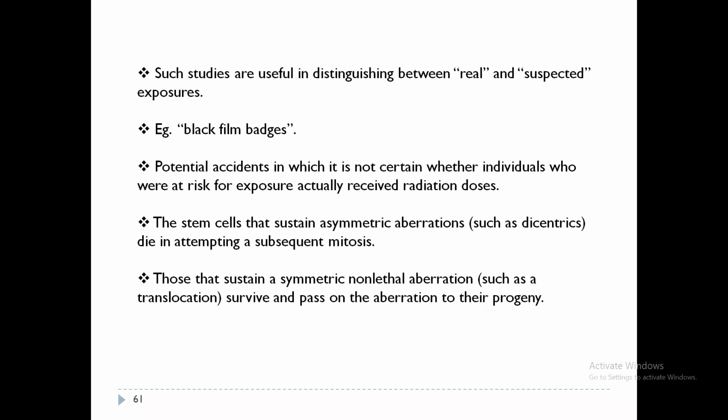The stem cells that sustain asymmetric aberrations, such as dicentrics, die in attempting a subsequent mitosis. Those that sustain a symmetric non-lethal aberration, such as translocation, survive and pass on the aberration to their progeny.